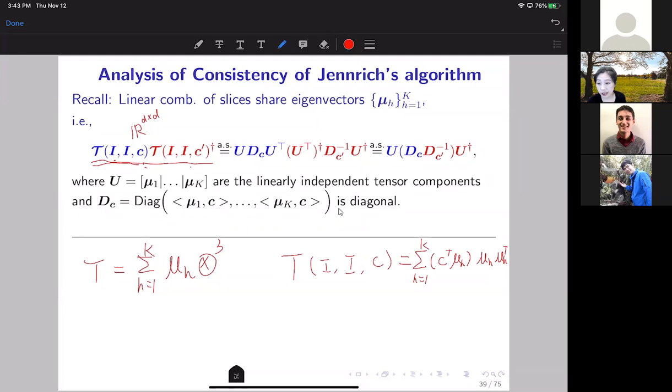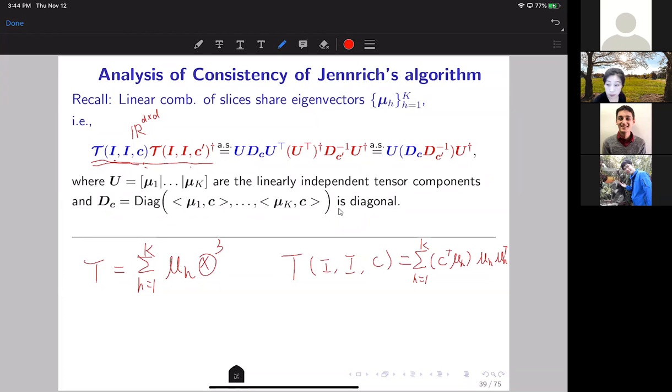Right, this is your T of IIC. This is the linear combination of the slices. So because of that, you can write them in terms of U, DC, U transpose, where U is just the stack of the mu h's.